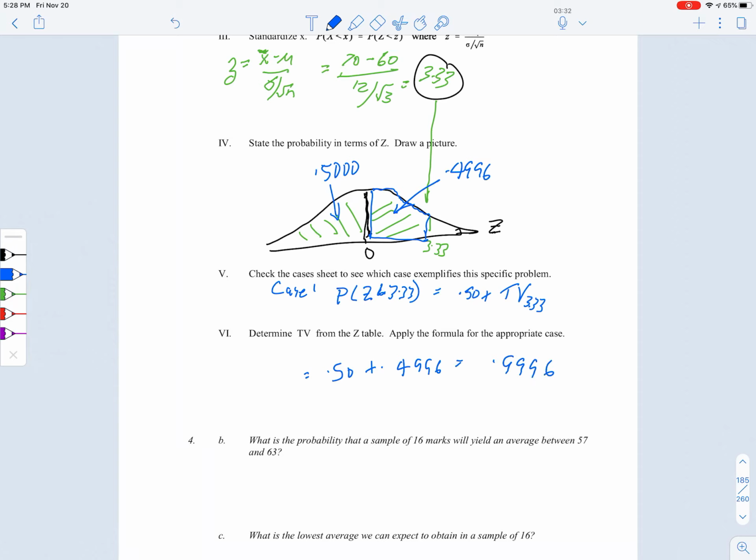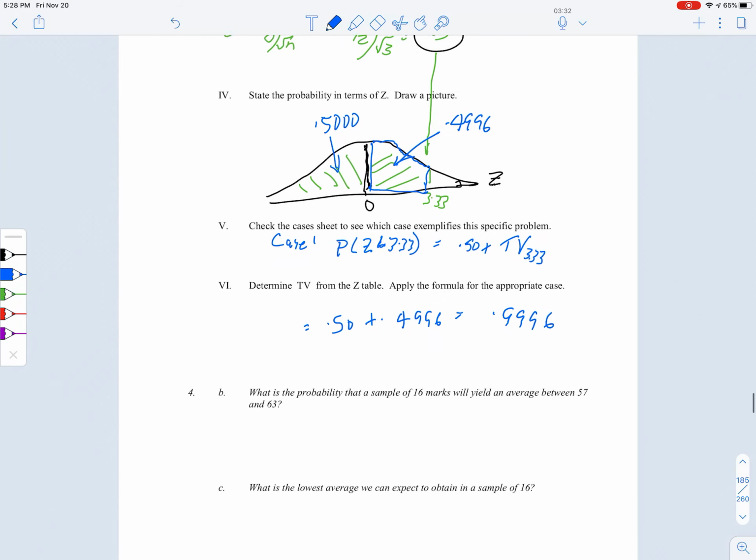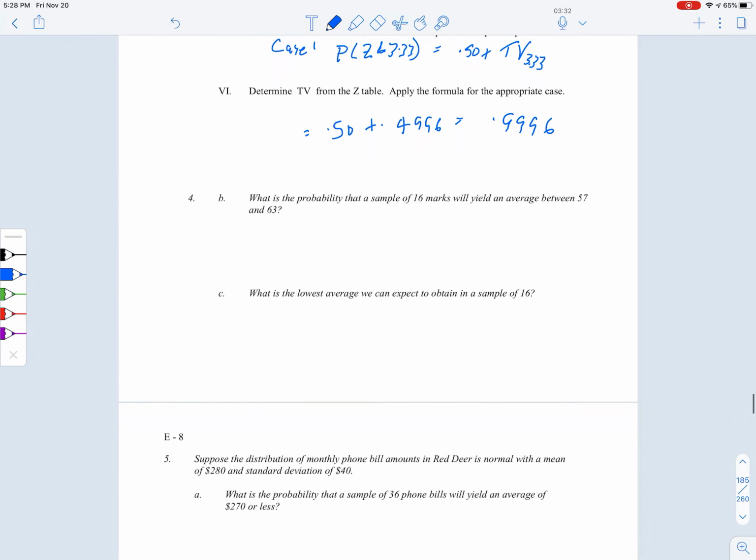So what we're saying is that there's almost 100% chance that if you took a sample of 16 people and averaged their marks, they would get an average of 70 or less. Almost no chance it would be above 70. So that's how that works.